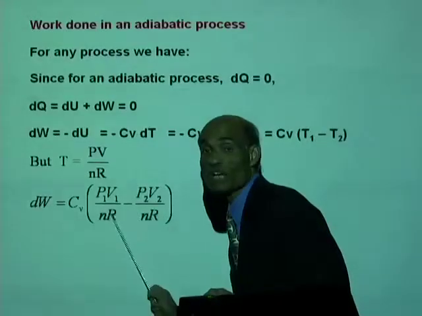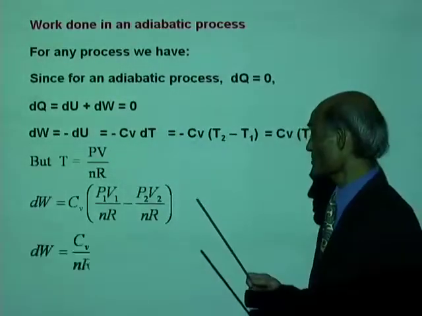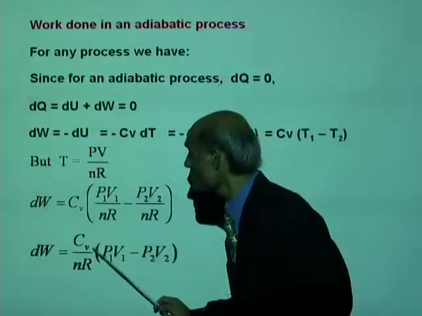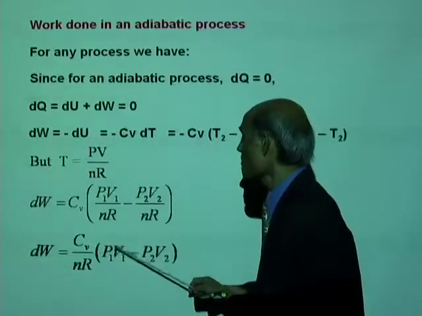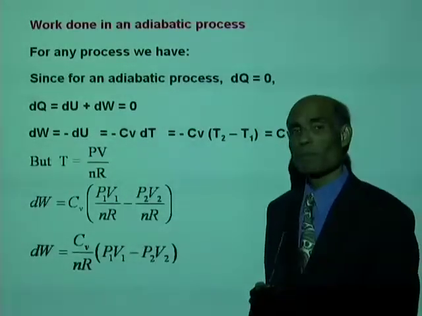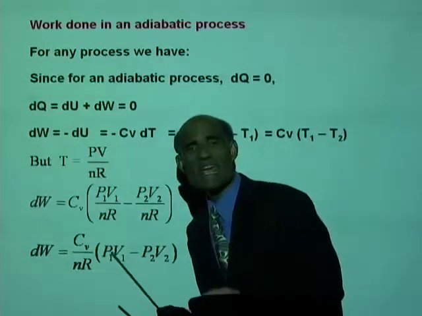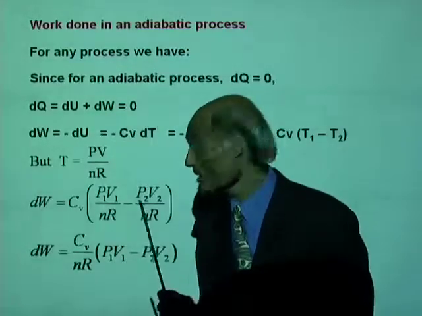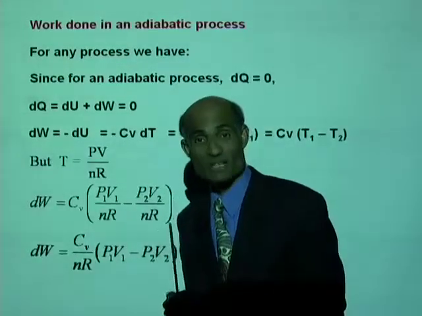nR is a common factor on the denominator which you can factor out. Is that right? That will be Cv divided by nR times P1 V1 minus P2 V2. Now, do you remember the quantity nR? nR is Cp minus Cv, isn't it?